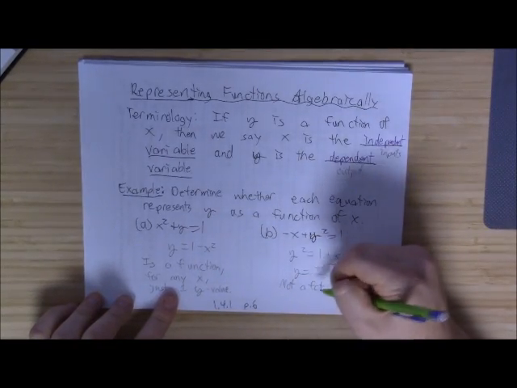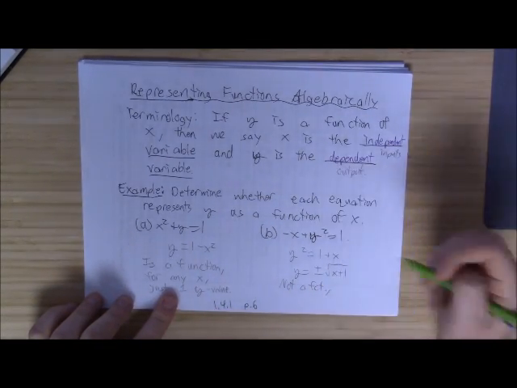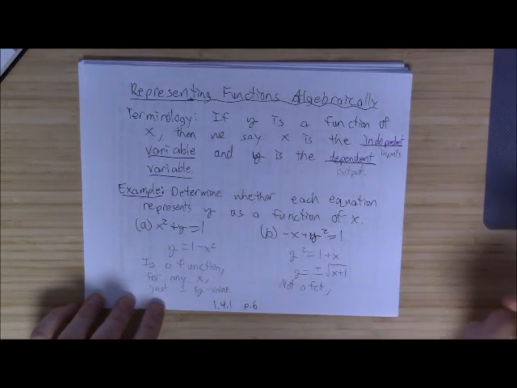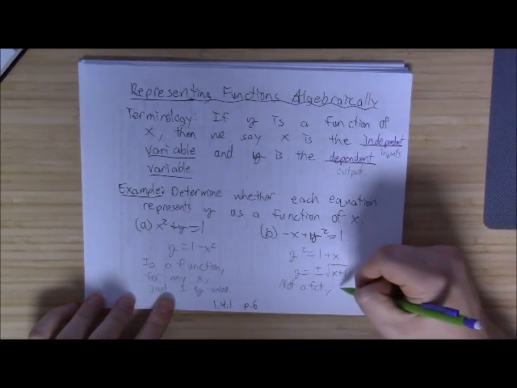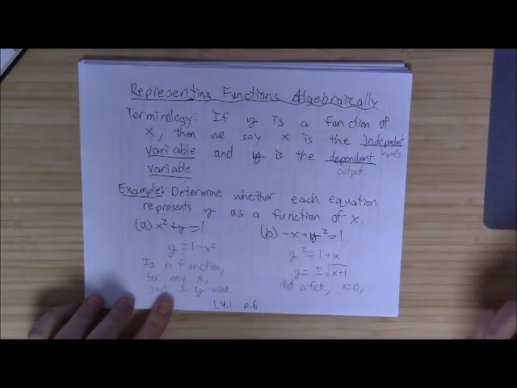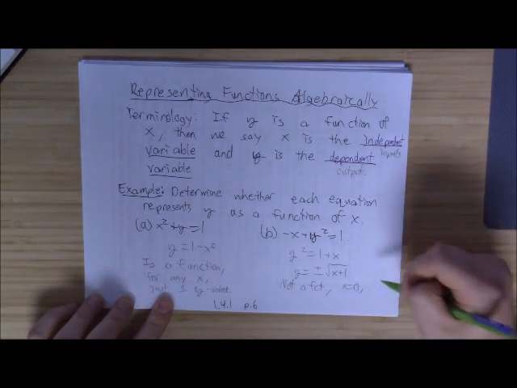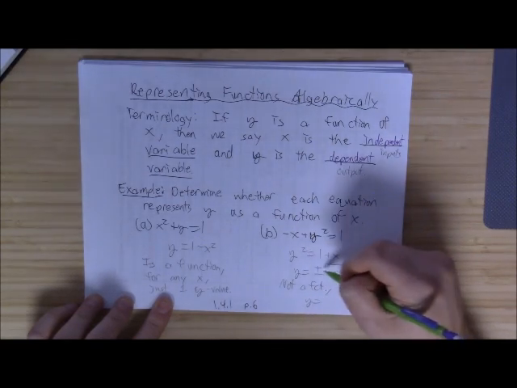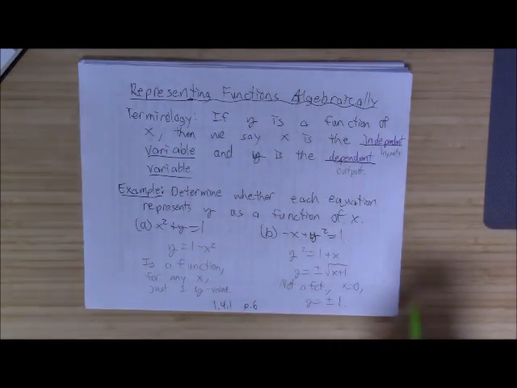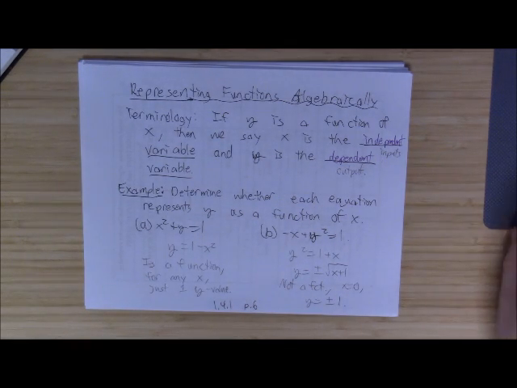And the reason this is not a function is because if I were to plug in, for instance, x equals 0, then I get two outputs. So y equals what? It equals plus or minus 1. So this violates the golden rule, which is that for a single input, I got two different outputs.